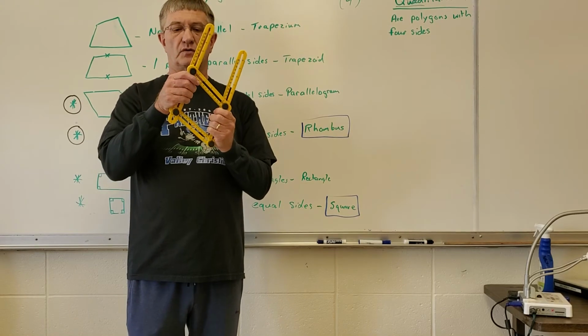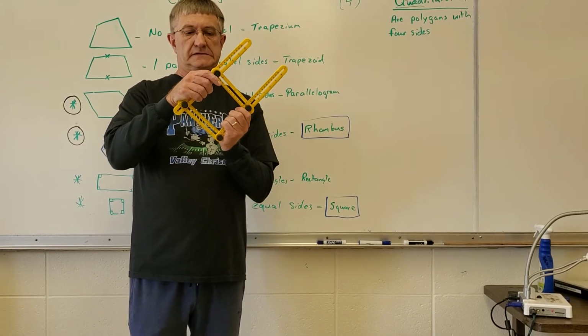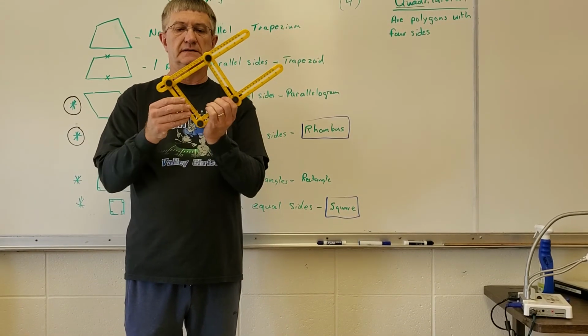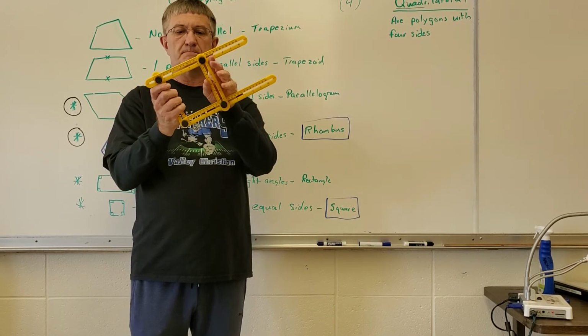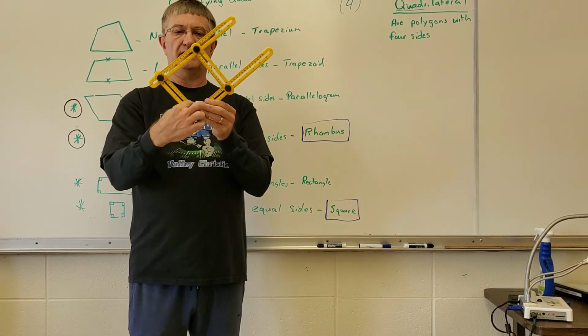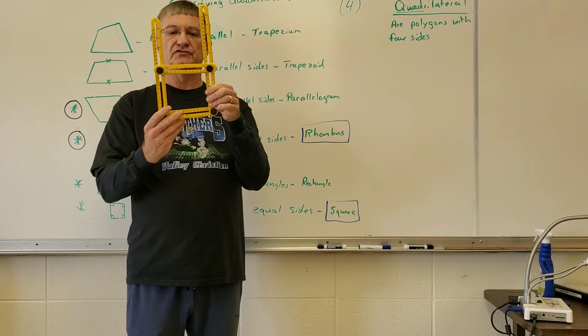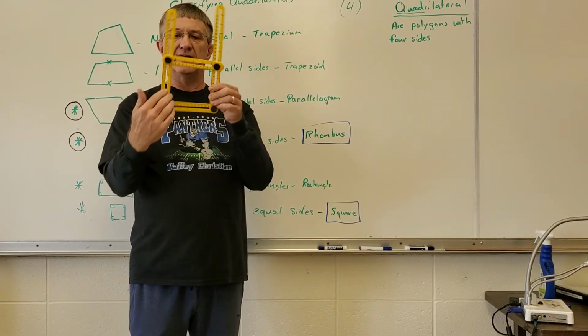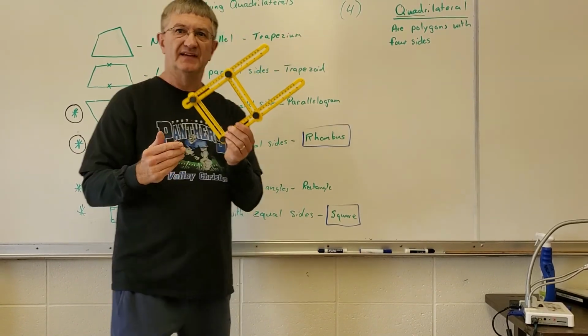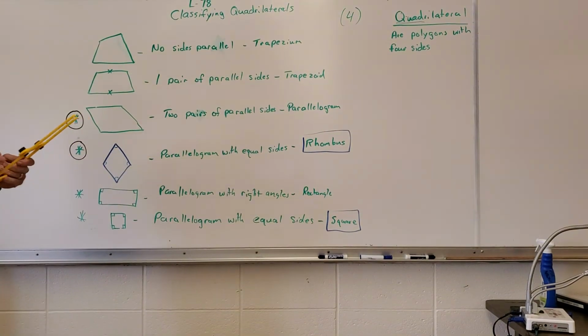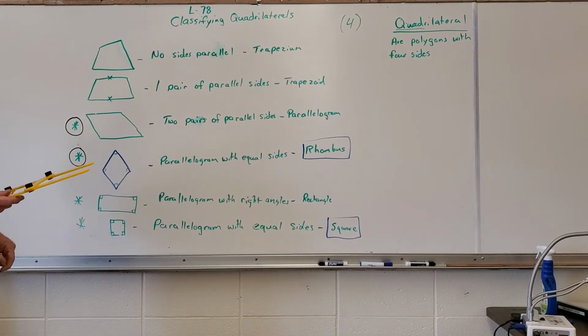I changed it to a rhombus. If I make it turn, keep everything the same, I have my rhombus shape now. Square, rhombus. Therefore, every square can be a rhombus. But if I start messing with the dimensions of it, then it does not work.